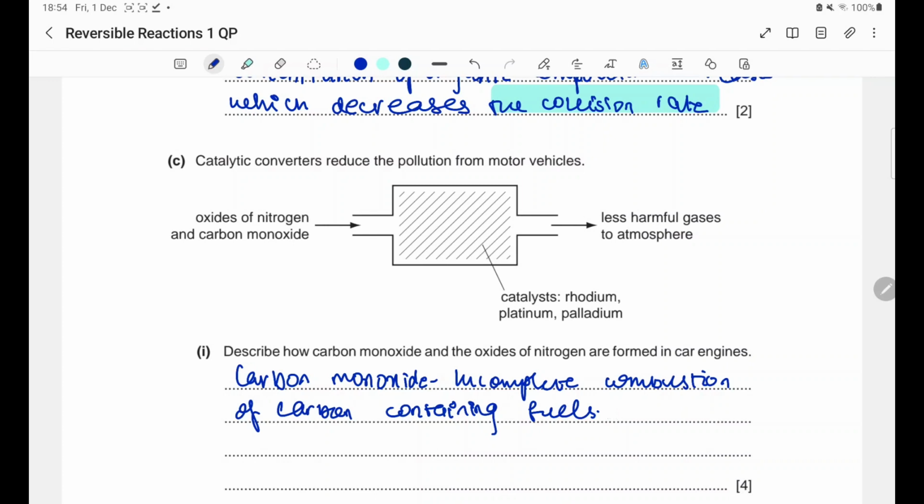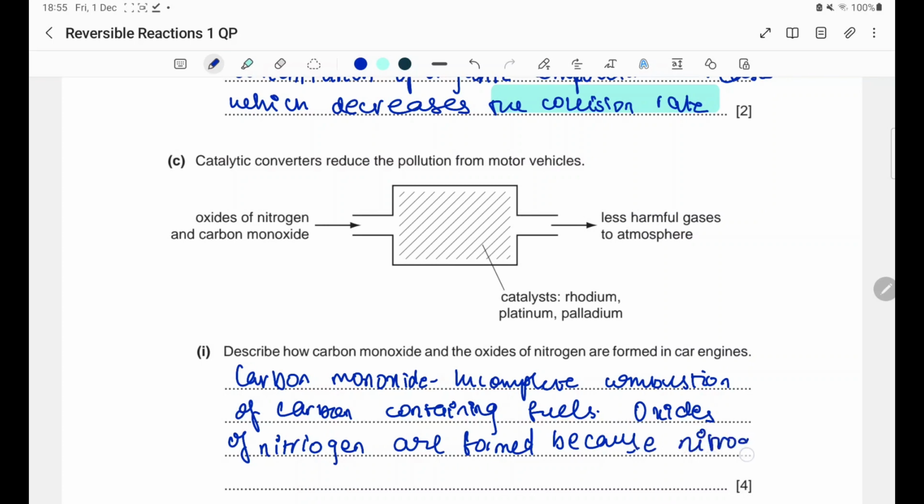The oxides of nitrogen are formed because nitrogen and oxygen react at high temperatures.